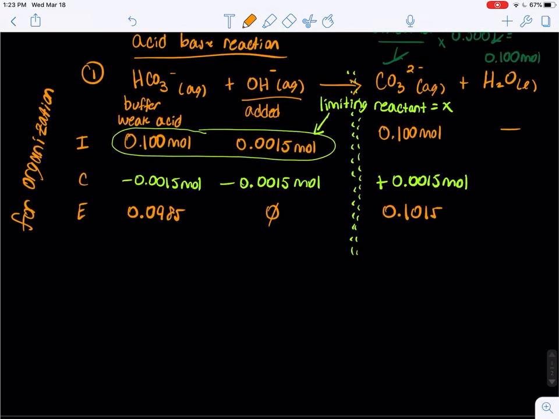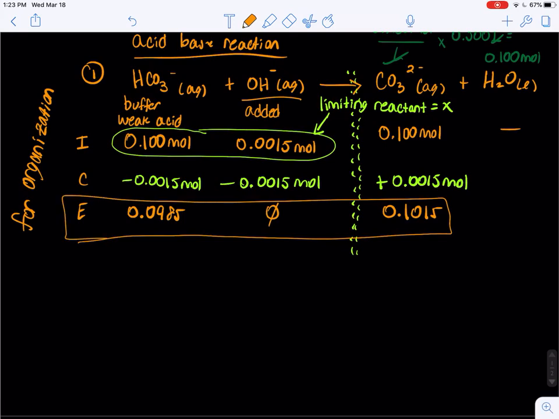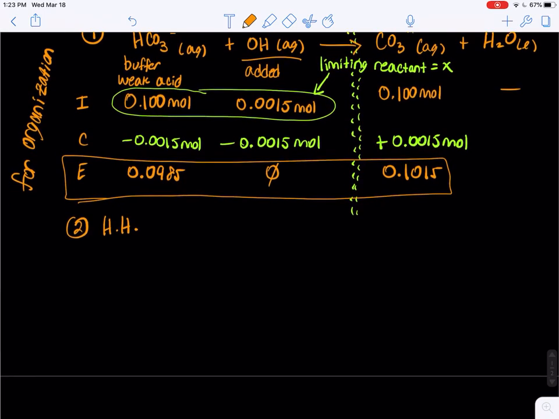Now that we have these equilibrium values here in the last row, we can now perform the pH calculation using the Henderson-Hasselbalch equation.